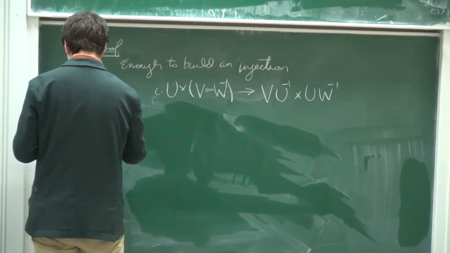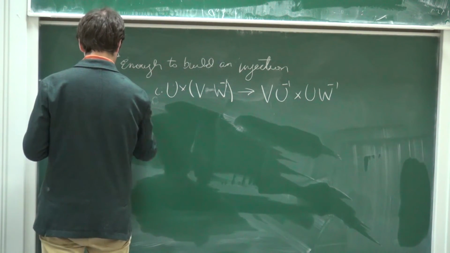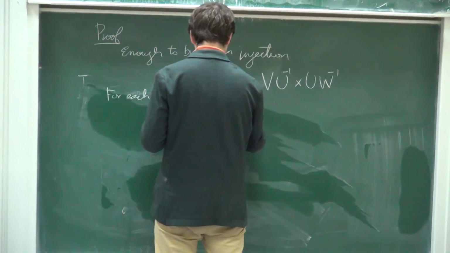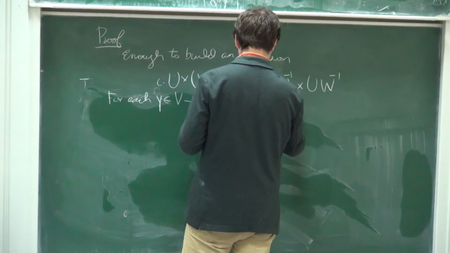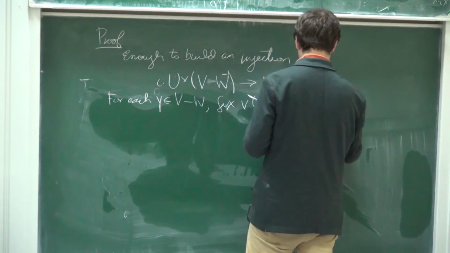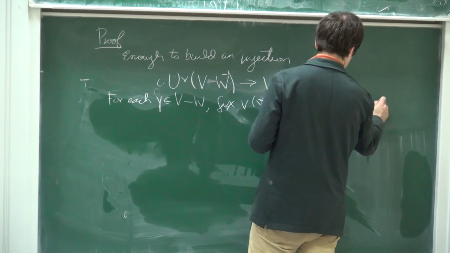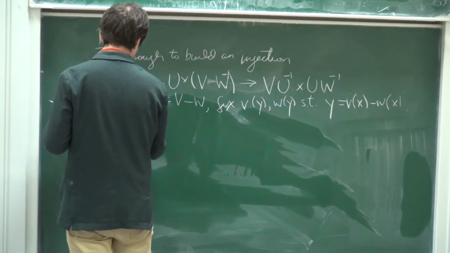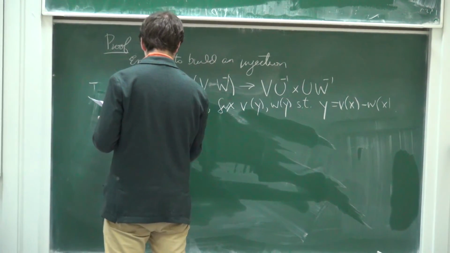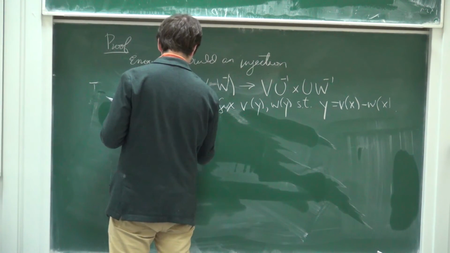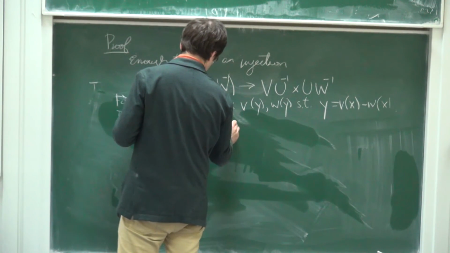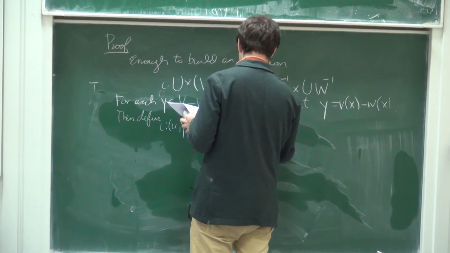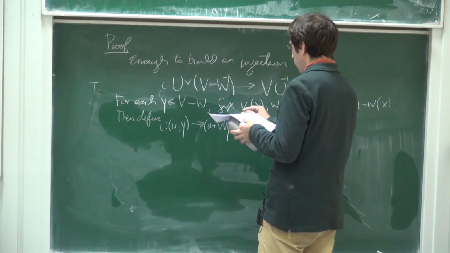So how am I going to construct an injection? For each y, fix, then define this map.